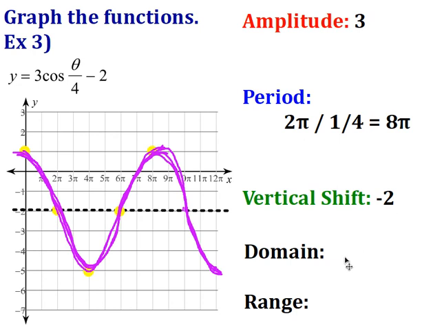Again, domain, easy peasy, negative infinity to infinity always. Your range, this is where your vertical shift plus or minus your amplitude comes in. So what we did, remember we took that -2 and we subtracted our amplitude. So vertical shift minus your amplitude, -2 minus 3, gives us that -5, and we can see that visually.